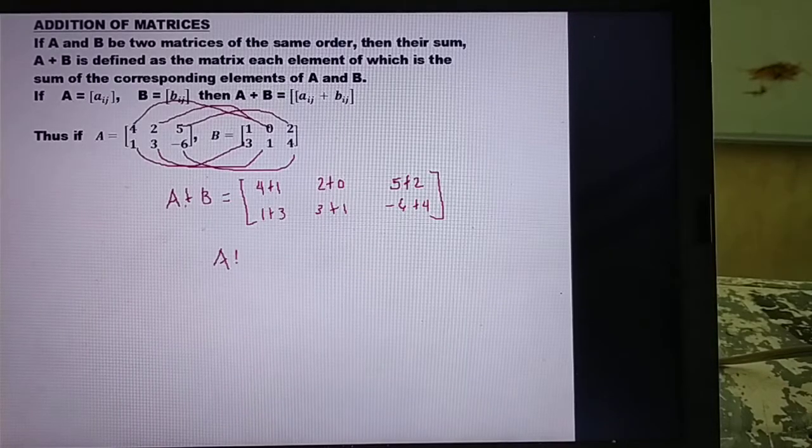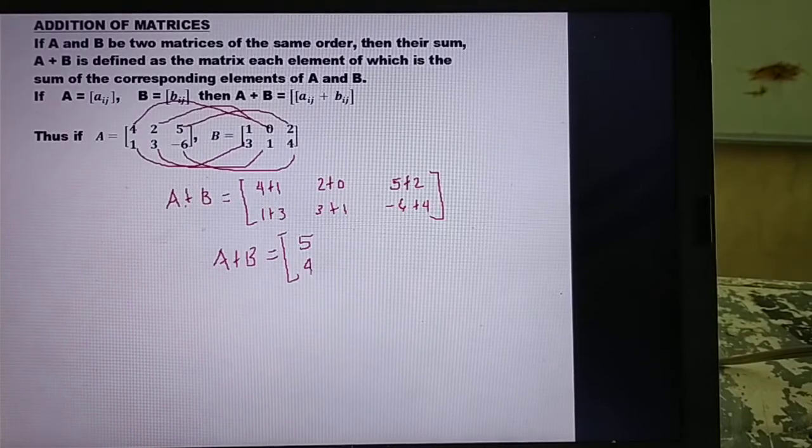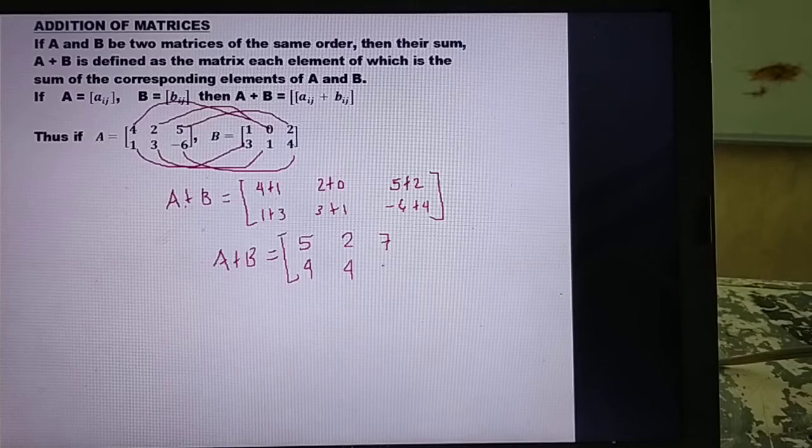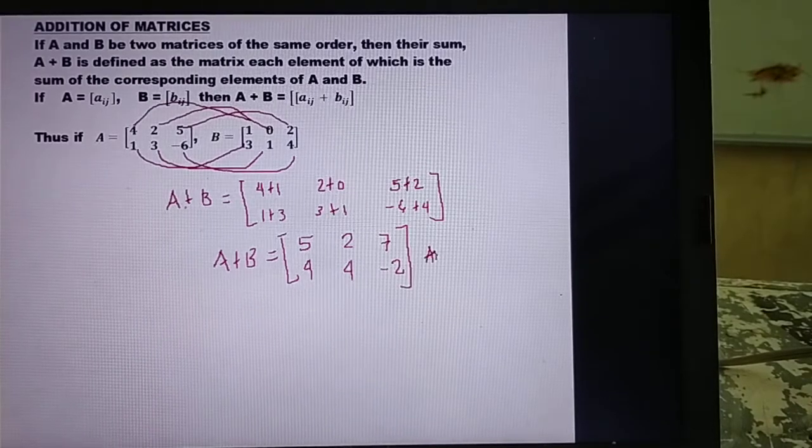Then A plus B is equal to 5, 2, 7, 4, 4 and negative 2. So that is the answer.